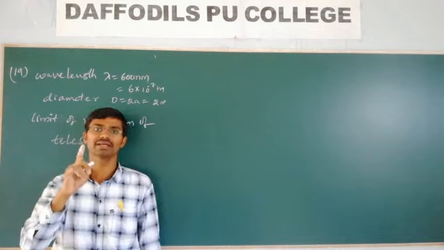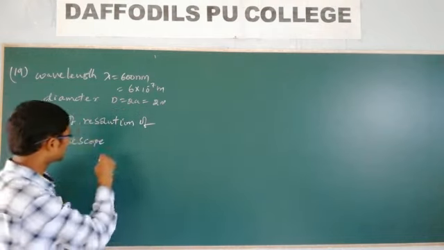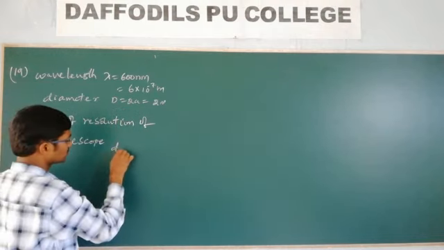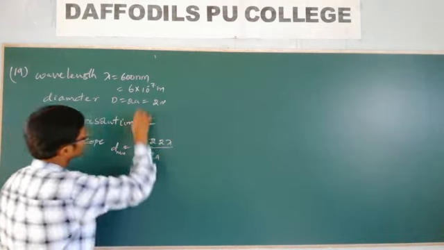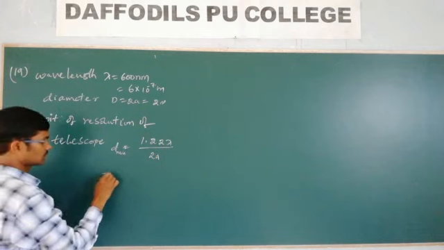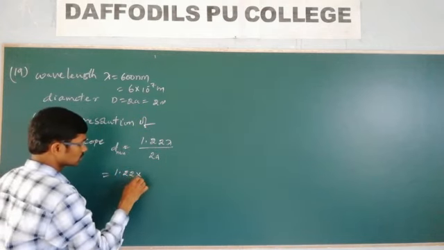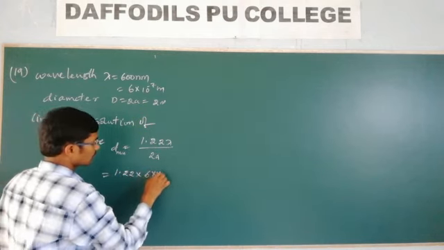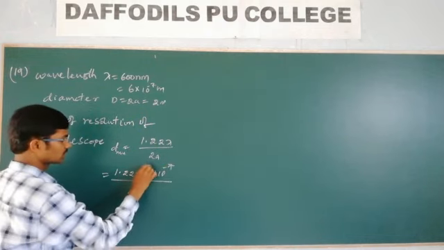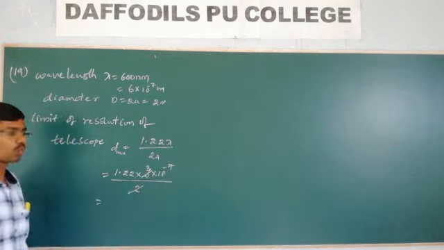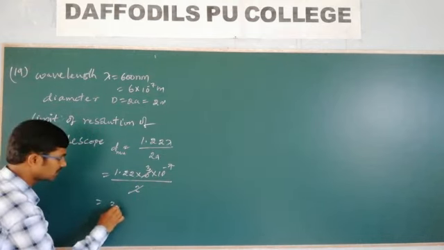Now what is the limit of resolution of a telescope? You may confuse with the microscope. For microscope, 1.22 lambda by 2n sin theta. But here, limit of resolution, the minimum is equal to 1.22 lambda by 2a, which is the given diameter of the aperture.